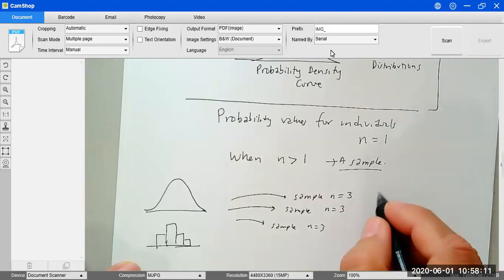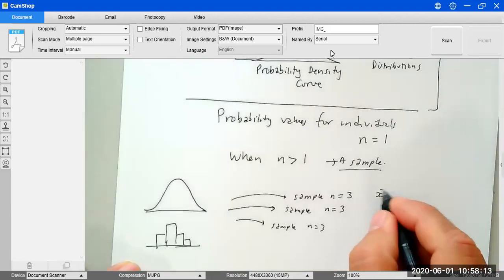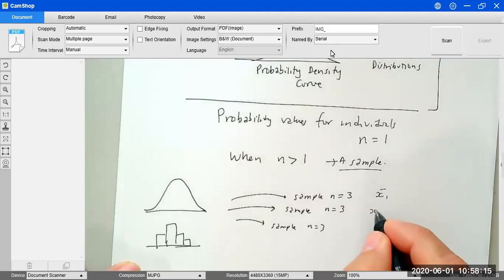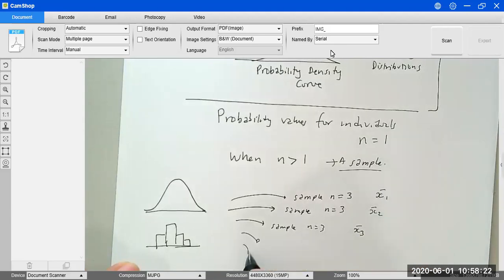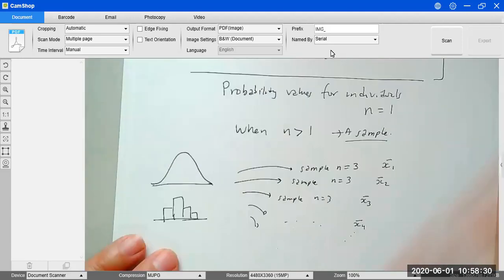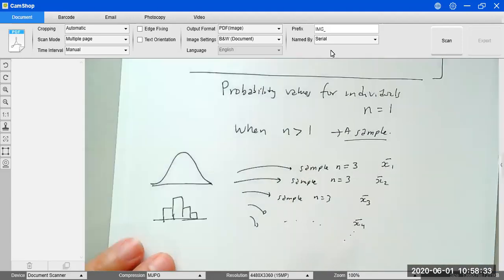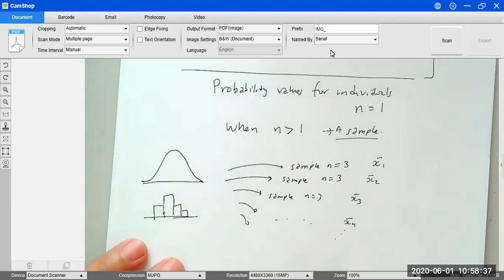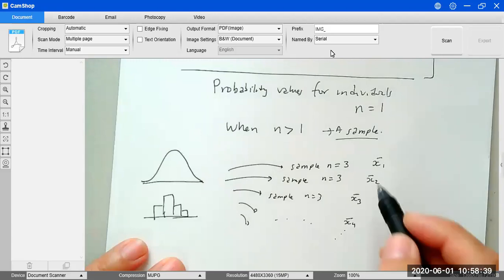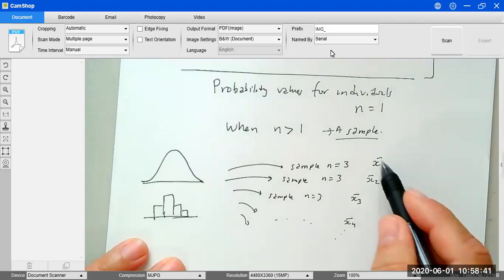For example, you can find the mean for the first one, the mean for the second one, the mean for the third one, and so on. So you continue collecting samples, a lot of samples, 4, 5, any number of samples. The greater the number of samples, the better. It's going to be better for you to learn about the distribution that these samples are going to follow.